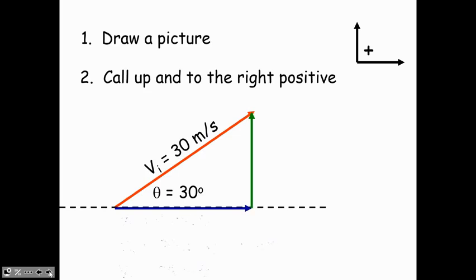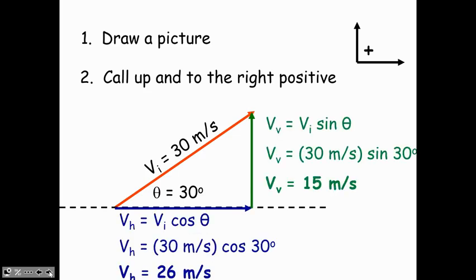This will have a horizontal component and a vertical component to its motion, where again we can use cosine to solve for the horizontal side of our right triangle, and we can use sine to solve for the vertical side of our right triangle. In doing so, we get a horizontal component of 26 meters per second and a vertical component of 15 meters per second. These are the values that we're going to use in our tables in the next slide.